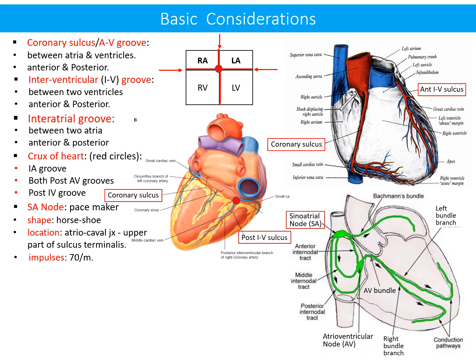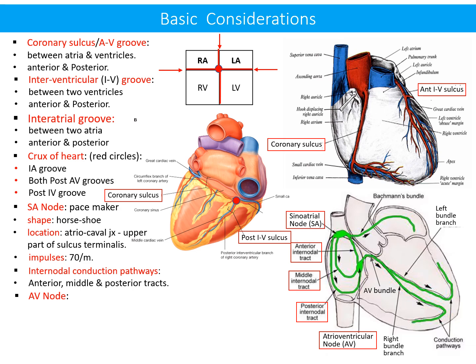It can generate impulses at the rate of 70 per minute. Second is the internodal conduction pathways, divided into anterior, middle, and posterior tracts, which connect the sinoatrial node with the atrioventricular node.